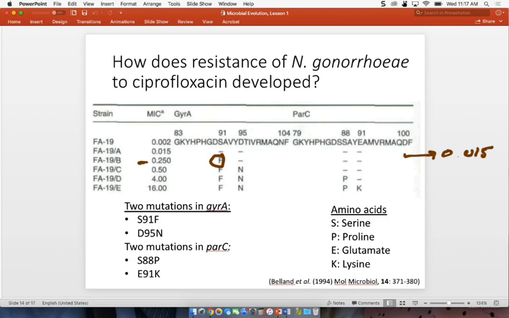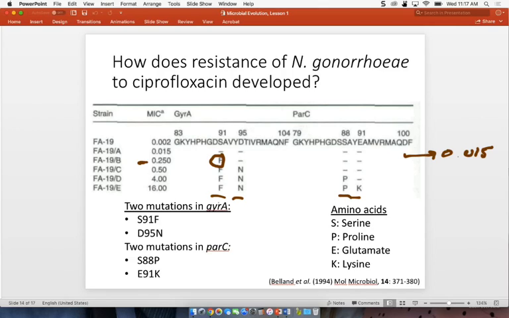And so what I'm trying to argue here is that we would continue to push ahead the concentration of antibiotic that we would use. And the organisms that are able to divide in that concentration would be ones that are gaining additional mutations. Okay?